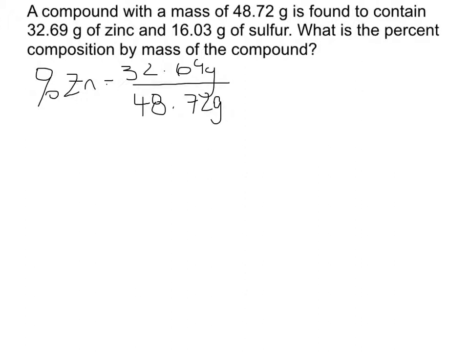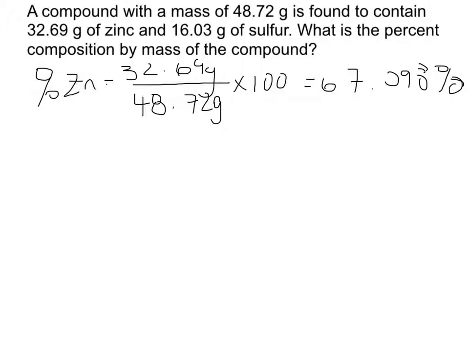Once I've done that division, I'm going to multiply by 100. If I take my calculator and do that, I get 67.098, so I put my percent there as well.